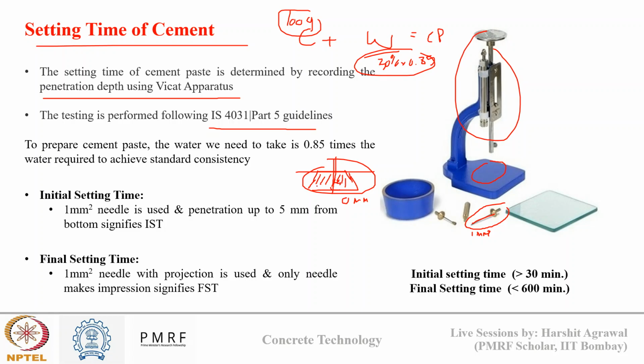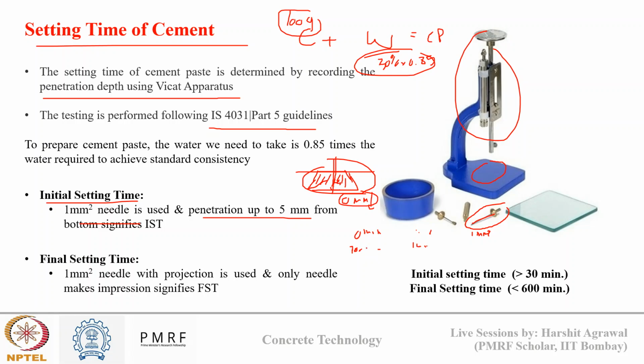However, slowly as the cement paste starts to lose its plasticity, the penetration depth will reduce. So the code says that the initial setting time is when the penetration depth is 5 mm from the bottom. Suppose at 0 minutes the penetration depth was 0, after 10 minutes the penetration depth is 1.